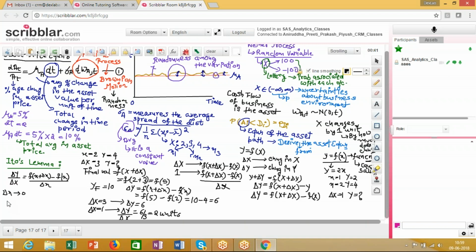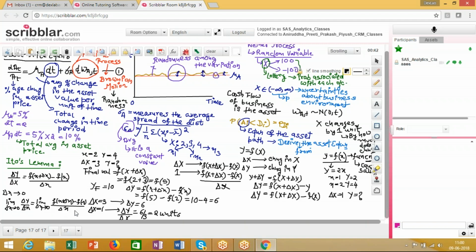So what we say here is that when delta x tends to 0, or in the limit of delta x tending to 0, delta y by delta x is equal to the limit of f of x plus delta x minus f of x by delta x.